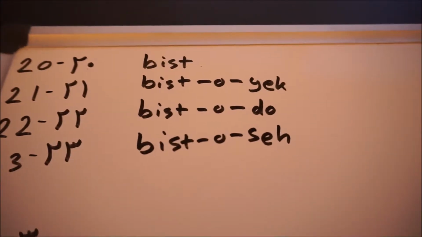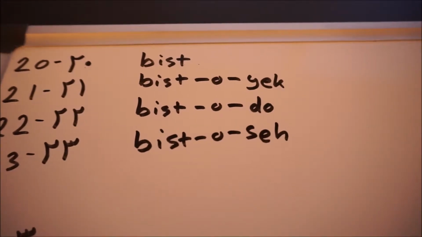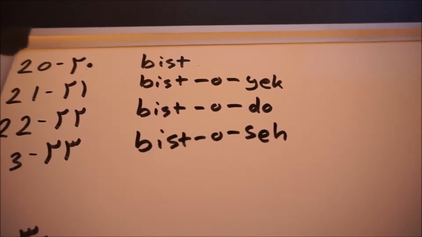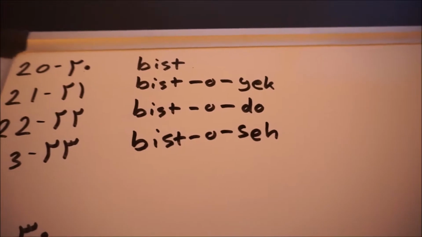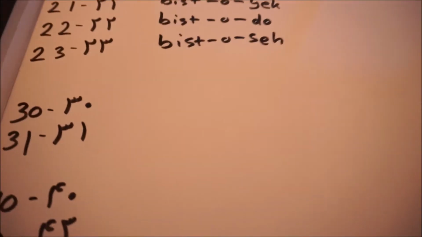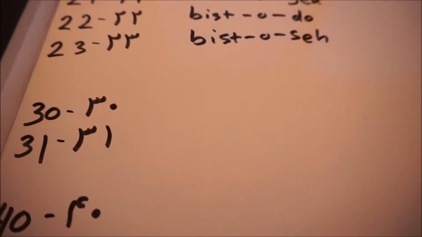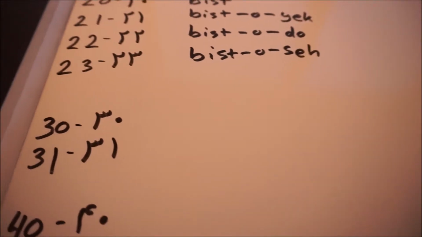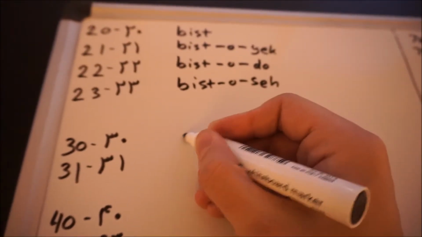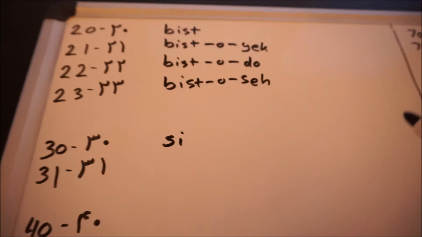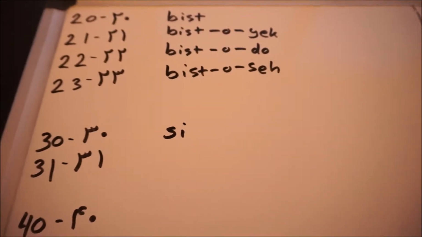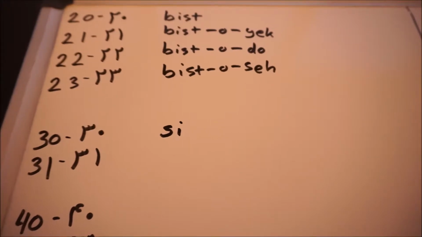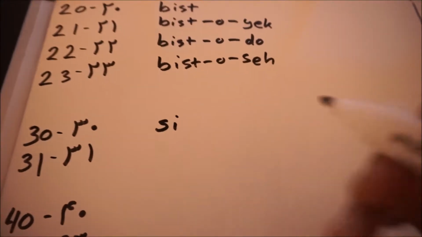So we have bist, bist o yek, bist o do, bist o se, bist o chahar, bist o panj, bist o shesh, bist o haft, bist o hasht, bist o no. And then we come to 30, where we again have a new word for the 10. And 30 is called si. So much like the Spanish "yes", and not too different from the actual word for three, which was se. So this is just si.